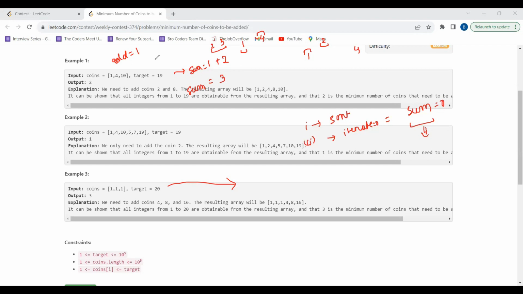Now we'll move to the next element, which is 4. Now we can form all the elements from 1 to 3, and now we are getting 4. So we can, with guarantee, form 4 also.